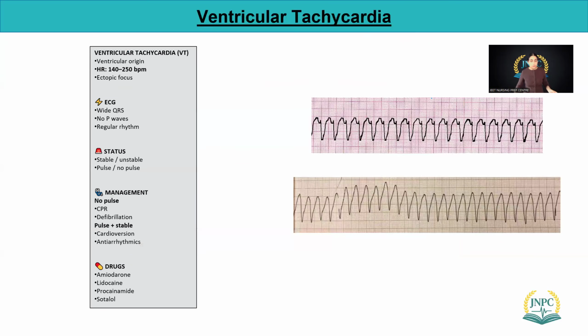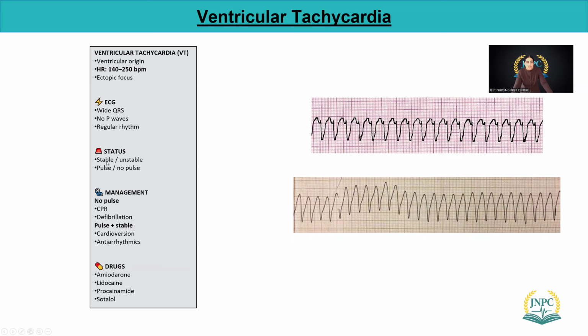Okay. So I hope that you got that major difference between VTAC and SVT. Here the rate could be 250. Ventricles are beating very fast, ectopic foci, wide QRS complex. SVT, narrow complex. Here, VTAC, wide. No P wave, definitely, and this is a regular rhythm.